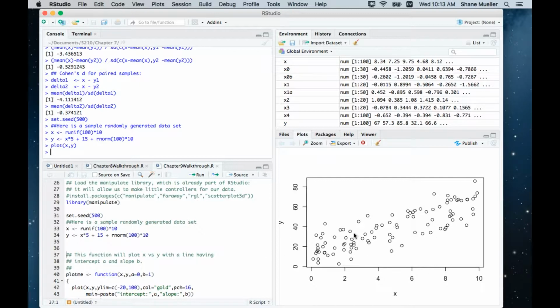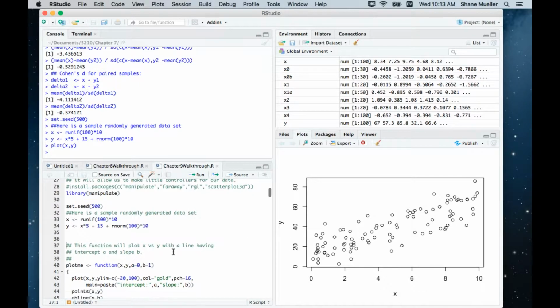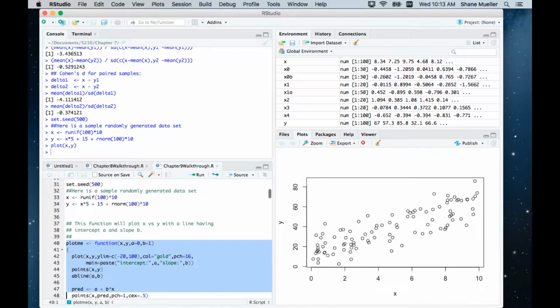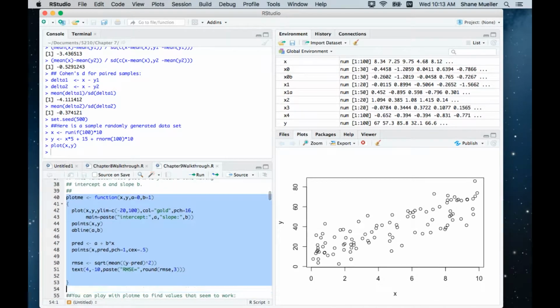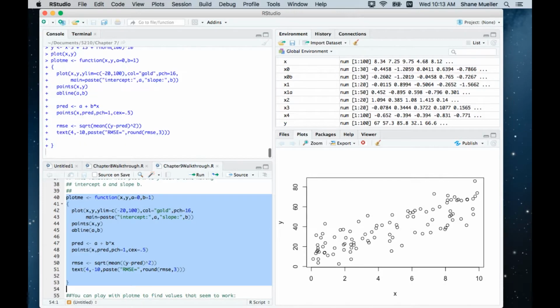And so the best model for this is a line. This little function here allows us to draw a line on top of the data, and it takes x and y as data, and then a and b as the coefficients of a line.